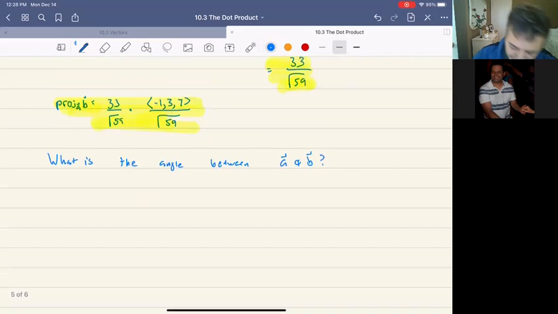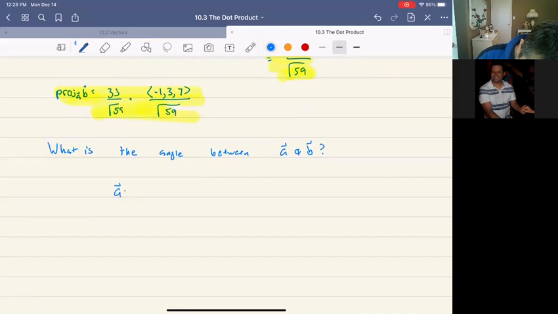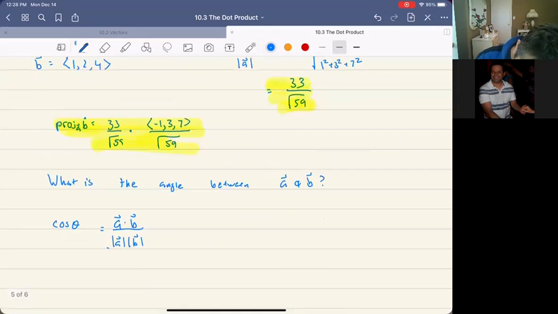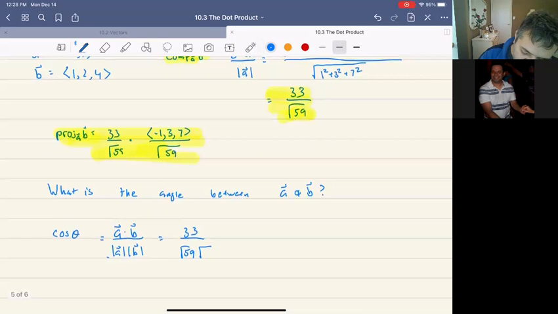It's going to be A dotted with B divided by the magnitude of A times the magnitude of B. That gives us the cosine of the angle. We know A dotted with B is 33. Magnitude of A is square root of 59. Magnitude of B is 16 plus 4 is 20, square root of 21.